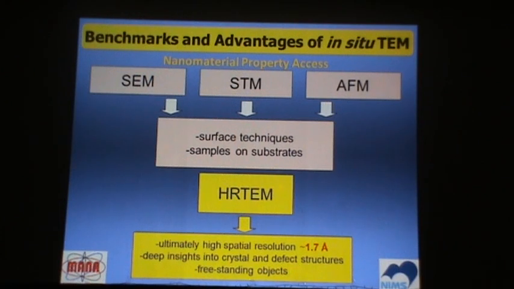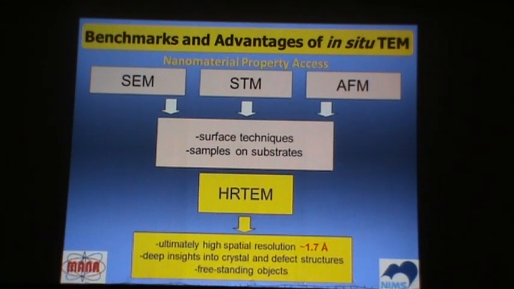But in case of HRTEM, which stands for high resolution transmission electron microscopy, we don't need any substrates. We can put materials in a high vacuum in a freestanding shape. And also we are equipped with ultra high spatial resolution, which is 1.7 angstrom in our case.